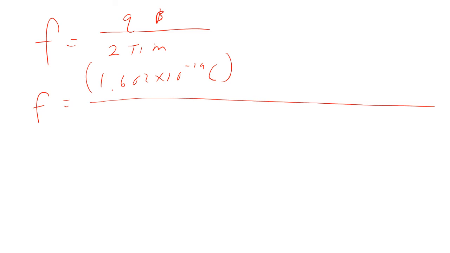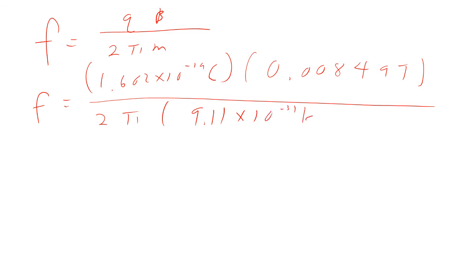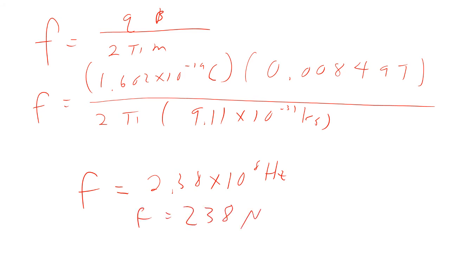And then the B, which is going to be 0.00849 Tesla, divided by 2 pi times 9.11 times 10 to the minus 31 kilograms. So the frequency turns out to be 2.38 times 10 to the 8th hertz, or in other words, that's 238 megahertz.